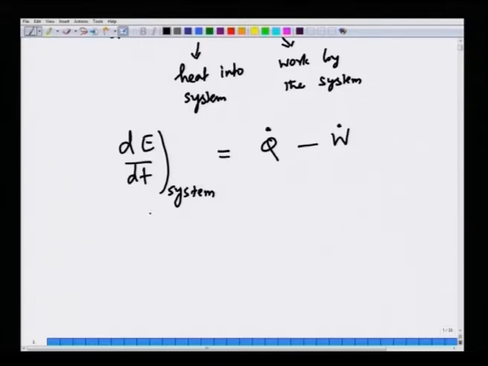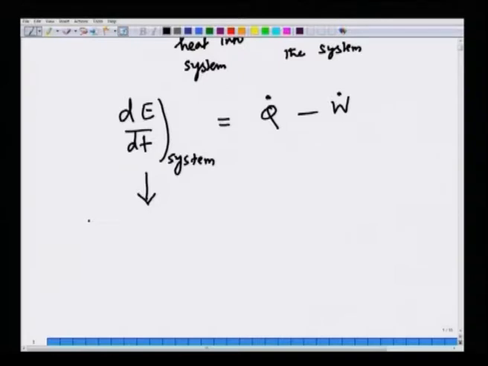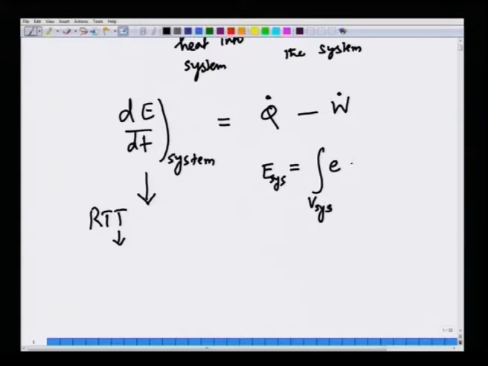Now, in order to convert this to a control volume formulation, we have to use the Reynolds transport theorem as usual, and before we do that, we realize that the energy of the system is equal to the integral over the volume of the system of the specific energy e, which is energy per unit mass, times density, which is mass per unit volume.